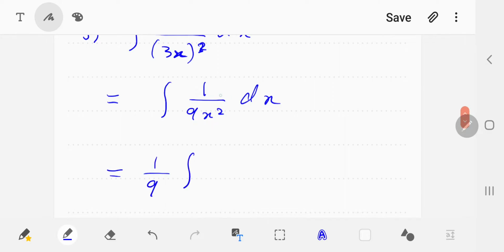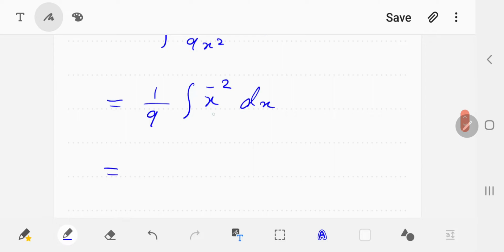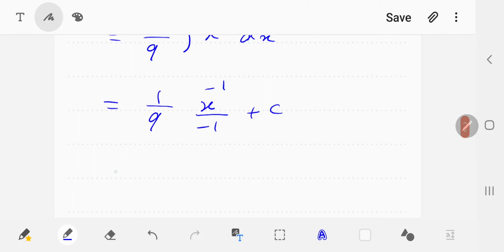Integration of x to the power of -2 dx. So now it's a power rule immediately. So 1 over 9, x to the power of, add 1, divide by the new power, plus c. So this will be equal to -1 over 9 times x plus c.